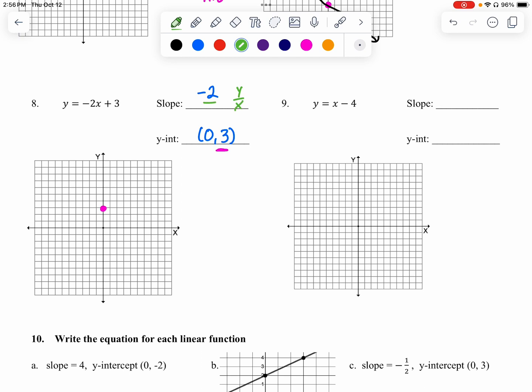So if you could put any number below it, you could always put a 1 underneath another number. So anytime you need a fraction, just put a 1 underneath it. So we have a -2 and a +1. So we're going to go -2, so down 2, and then +1 to the right. Down 2, +1. Or we can go up 2 to the left. And then draw our line.